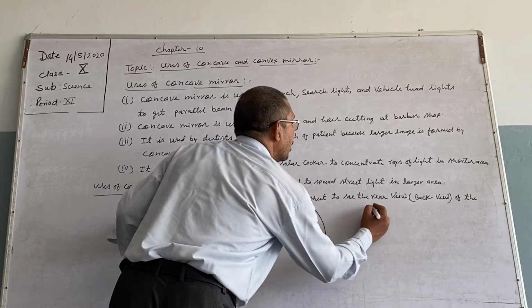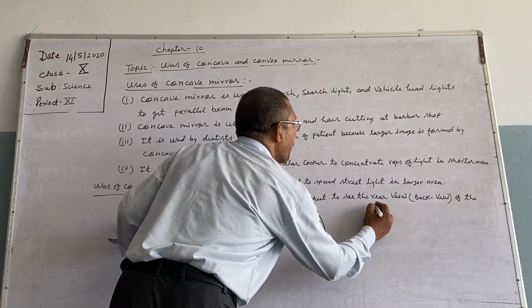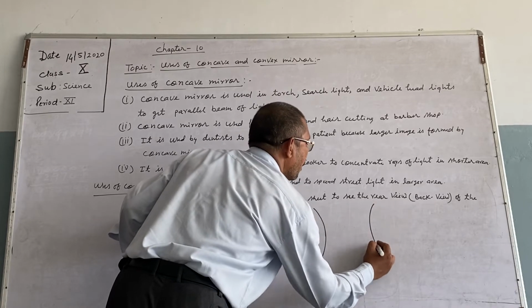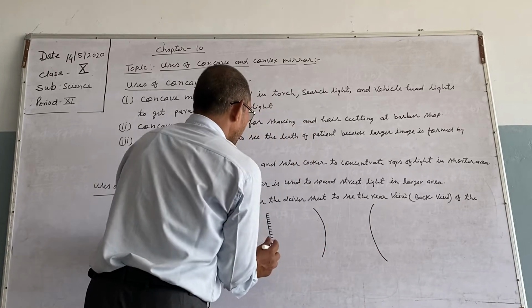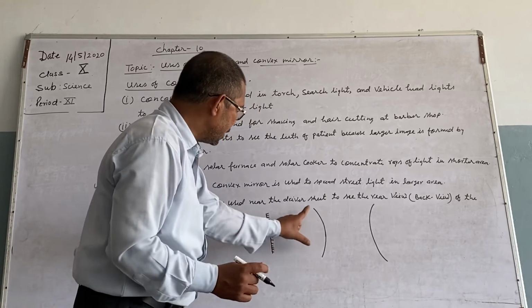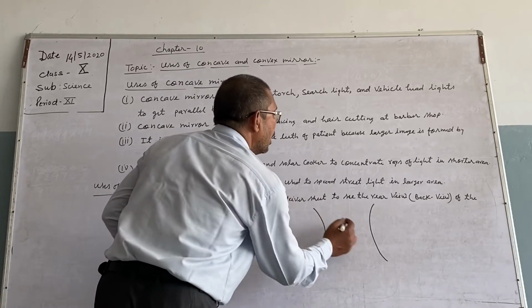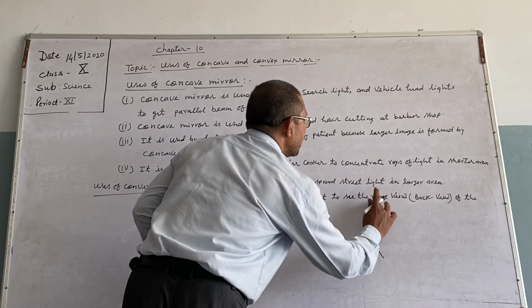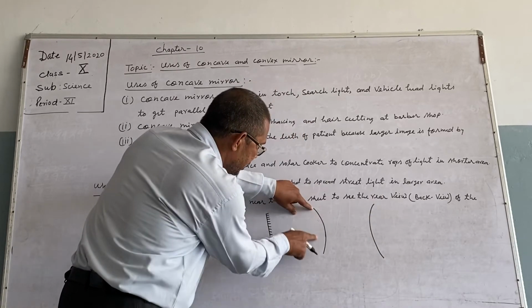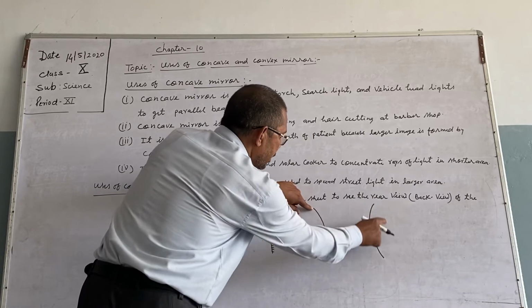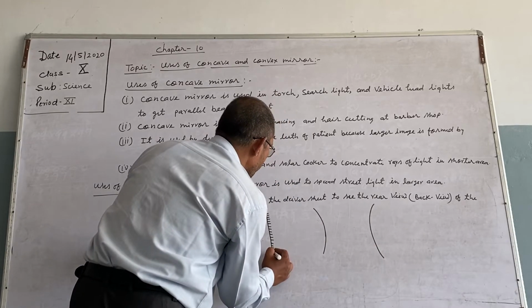And this is convex mirror. I want to tell here the size, aperture. Similar aperture, right? With same aperture means that is here this distance. Here see this distance and this one.